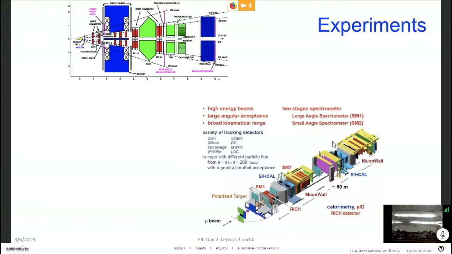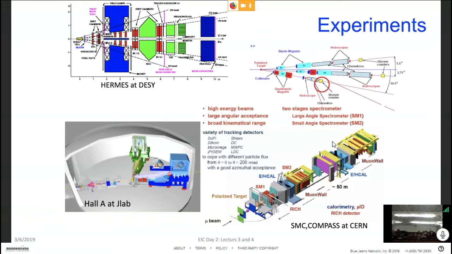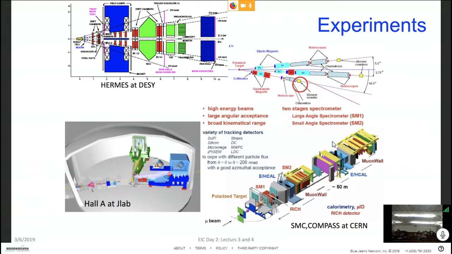So here are the cartoons or figures of these experiments. Typically, they are electron experiments. Hall A is an electron experiment. You can move the spectrometers to do Q-squared dependent studies. HERMES is a very forward calorimeter detector here. The target sits here, the beam comes from the left, and it has a very forward acceptance. They also put in particle identification to study flavor separation, similar to the one that has now evolved into the COMPASS experiment at CERN on the bottom right.